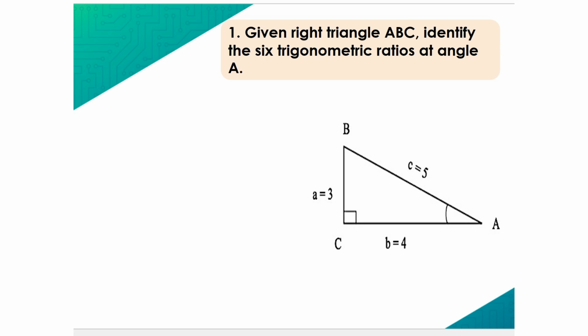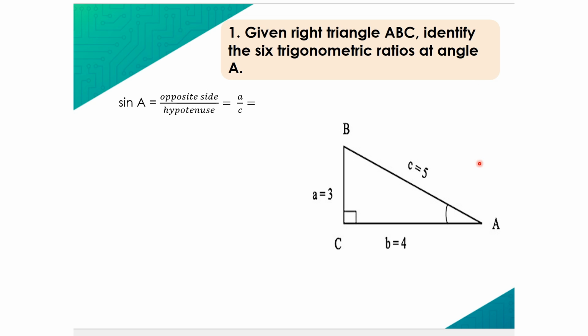Let's have an example. Given right triangle ABC, identify the 6 trigonometric ratios at angle A. So the first ratio is sine A. Remember that sine A is equal to the ratio of the opposite side and the hypotenuse.